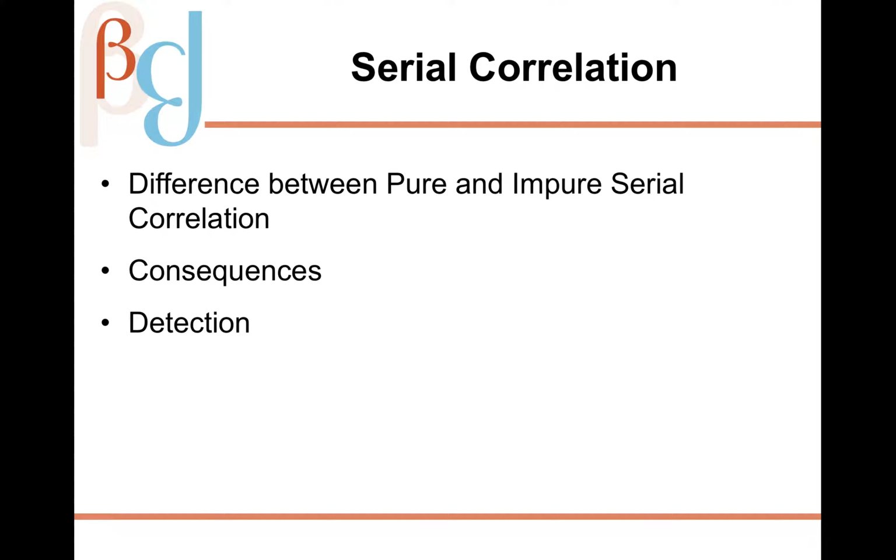One of the most important being the Durbin-Watson test. So we're going to spend a great amount of time looking at the Durbin-Watson test. And of course, we're going to be looking at remedies of serial correlation. How do we actually fix this problem of temporal dynamics not being captured by our model?